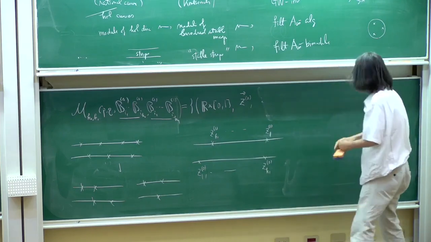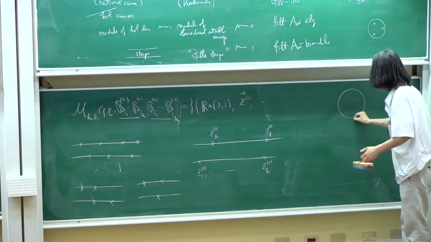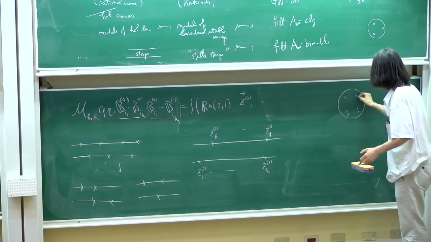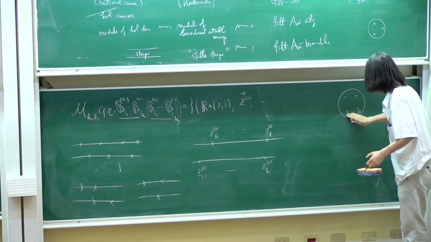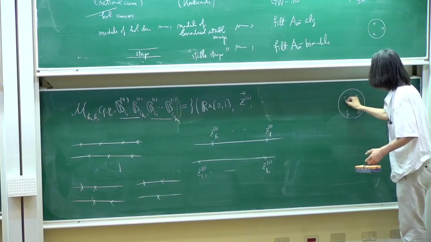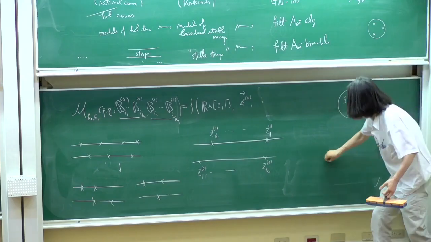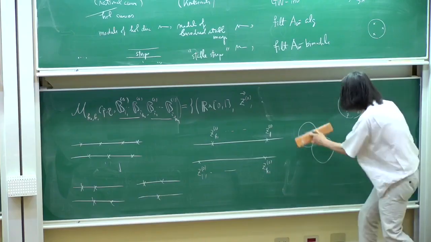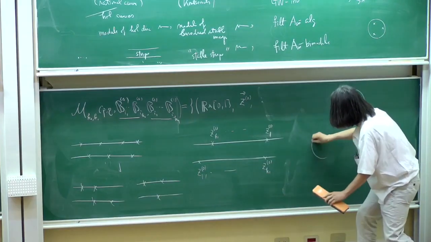Because you can consider the following thing. Here you have maybe just 4 points, 0, 1, 2, 3, and then you have 2 different degenerations of this.